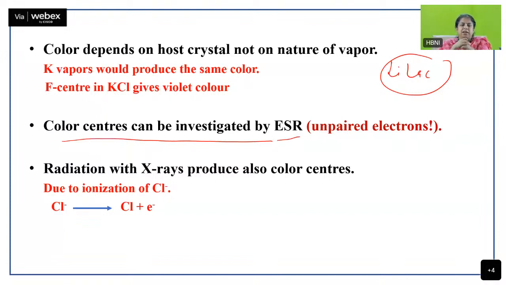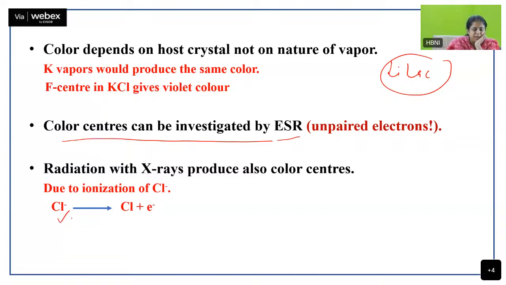I work with XRD very extensively, and many times we observe that when we record XRD of a material, specifically if we have taken longer runs, exposed it to X-rays for a longer duration of time, then sometimes the material shows a tinge of color. In case of NaCl, this might happen not because of sodium vapor and all, but due to the ionization of the chloride ion itself.